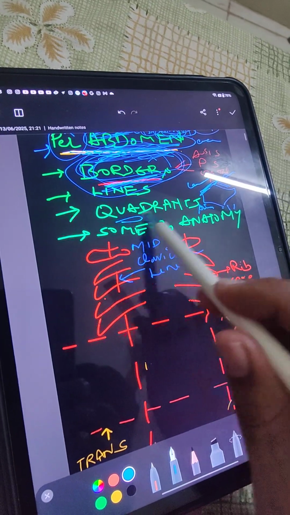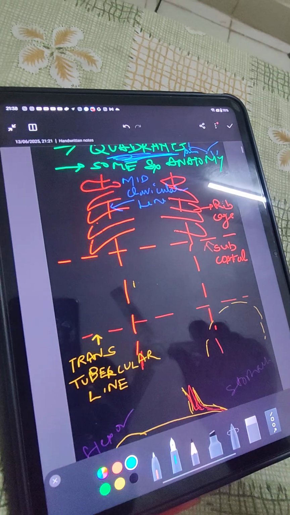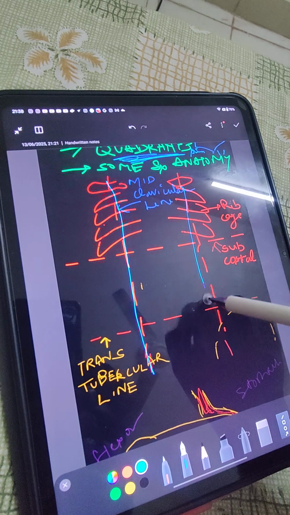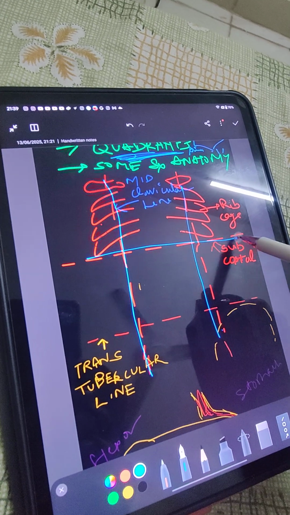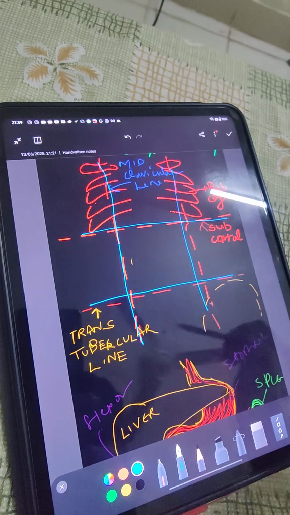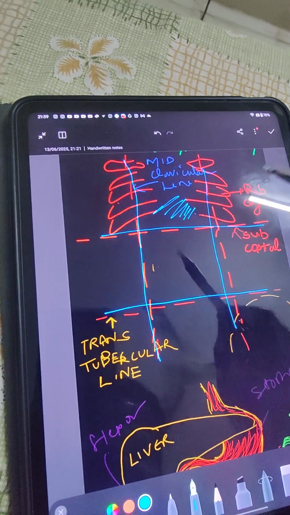Everyone knows about the quadrants. I think the abdomen is divided into 9 regions by the mid clavicular line, the subcostal line, and the transtubercular line. This area is epigastric.